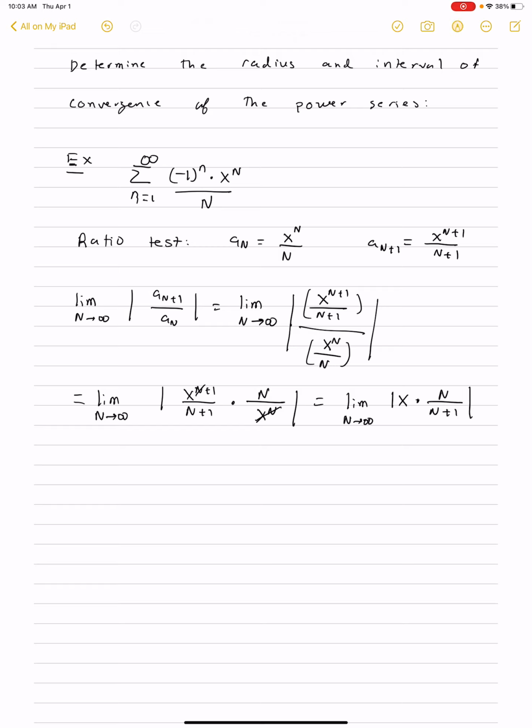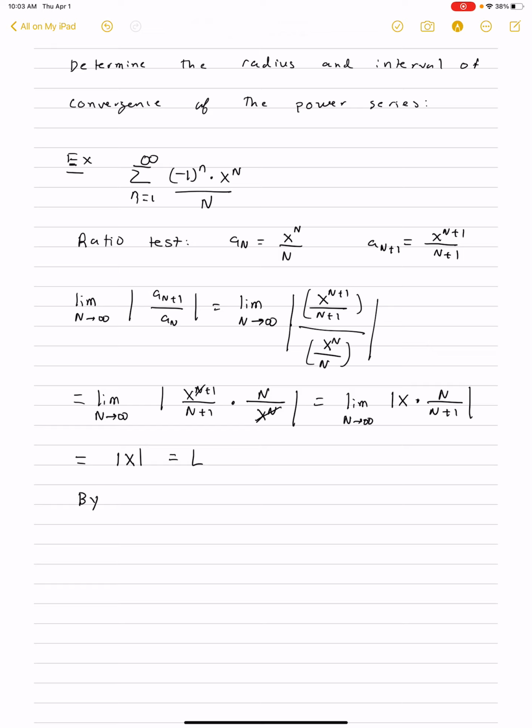Now we could either use calculus 1 or L'Hopital's rule from calculus 2 to compute this limit, and we see that the limit of n over n plus 1 is 1. So it converges to the absolute value of x, and that's what the limit is.